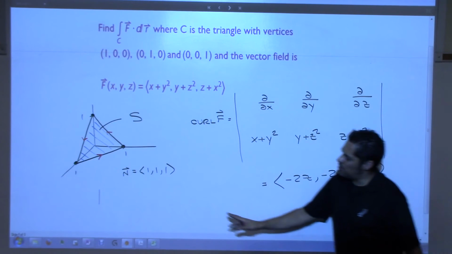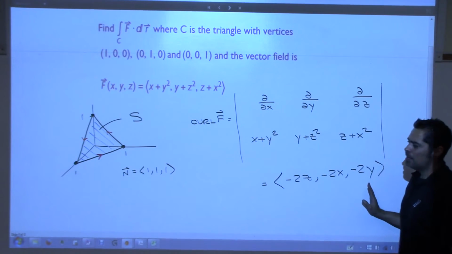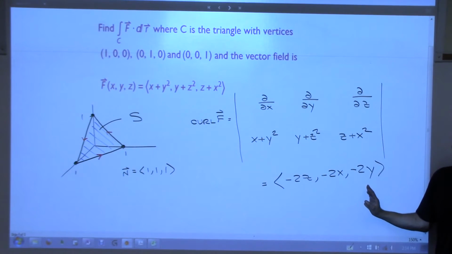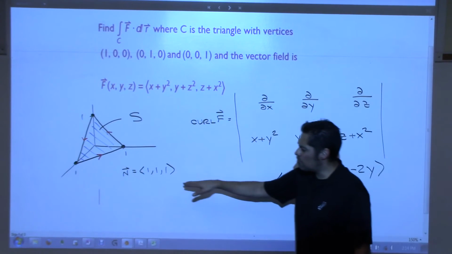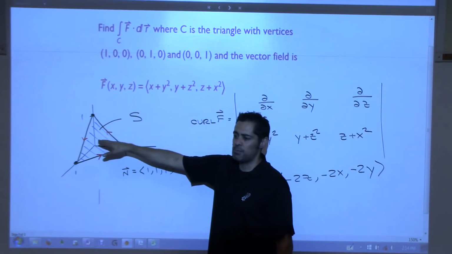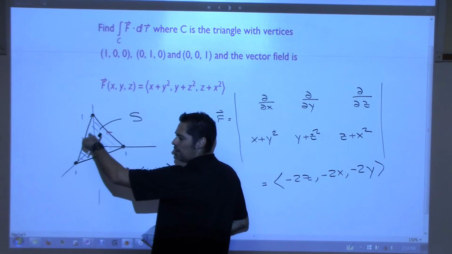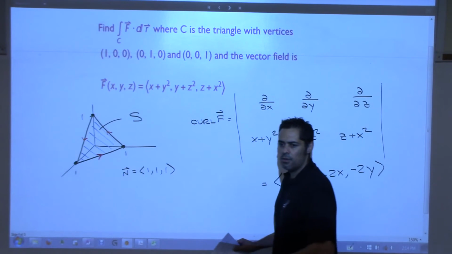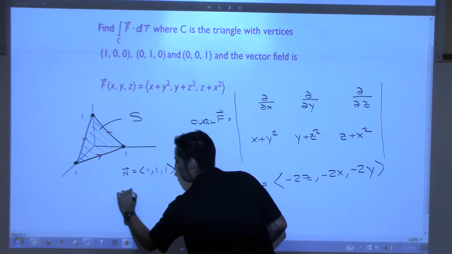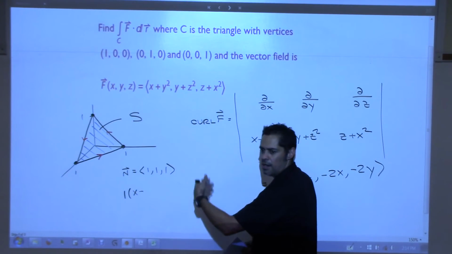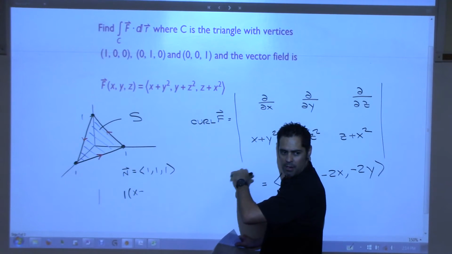Do you see that if I do the normal dotted with this, nothing's going to go away nicely? So instead I'm going to use this normal vector to come up with the equation of this plane. And again, we can do that because we know all the points. This is the normal vector, so it should look like 1 times (x minus x naught), 1 times (y minus y naught), all that stuff.